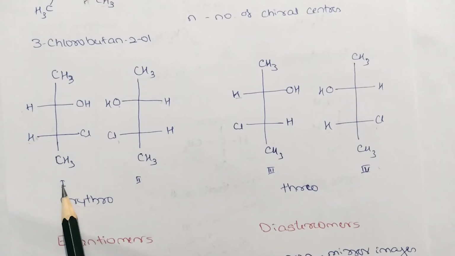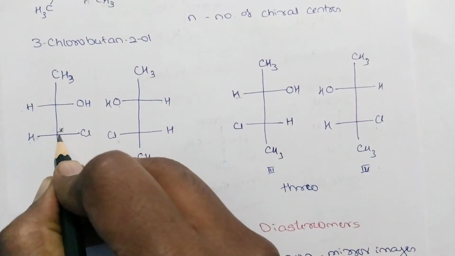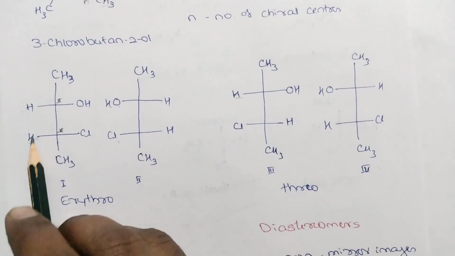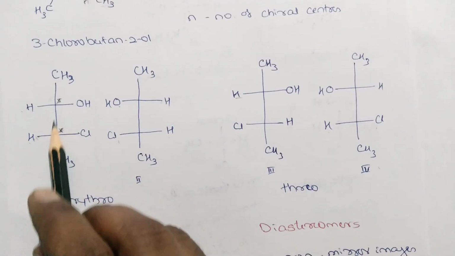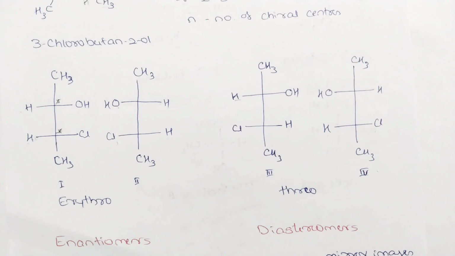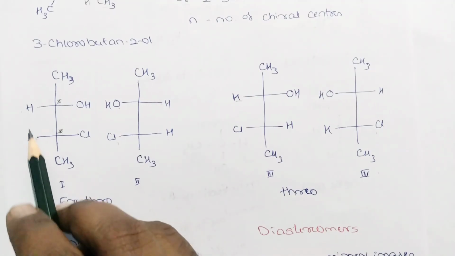Here in this example you can see two hydrogens, and these two are chiral carbons. These two identical groups are attached to these two carbons on the vertical line. The chiral carbons should have two identical groups on the vertical line. Here the hydrogens are on the vertical line and identical.